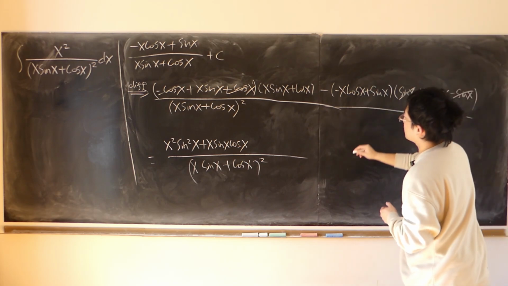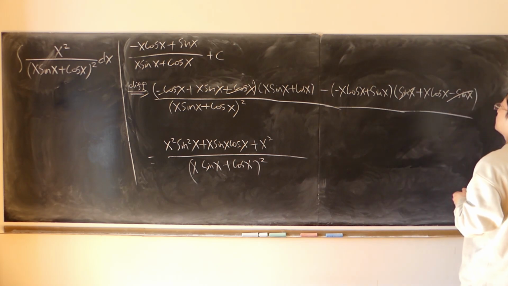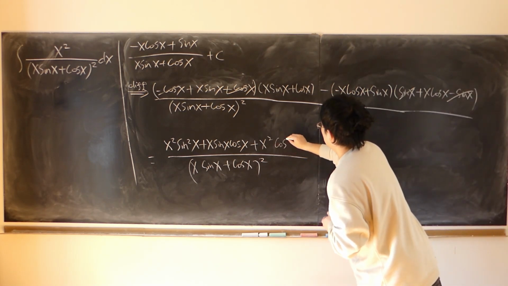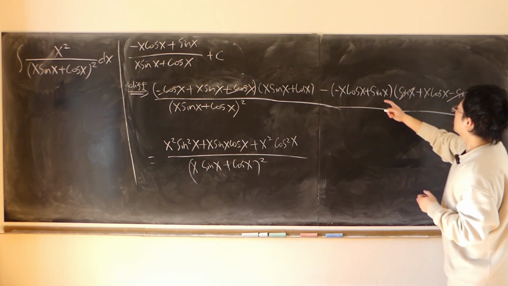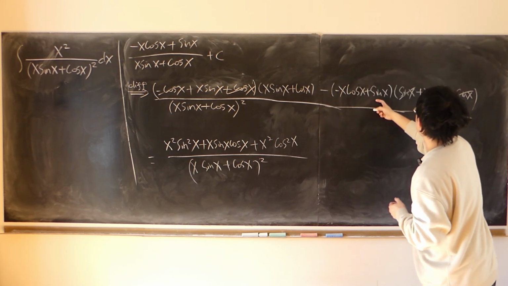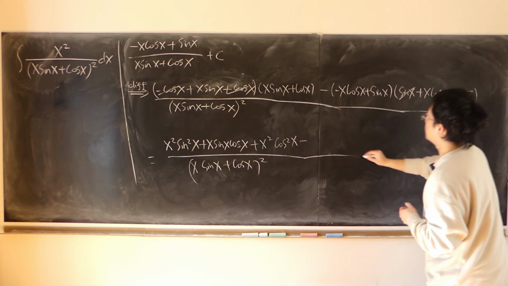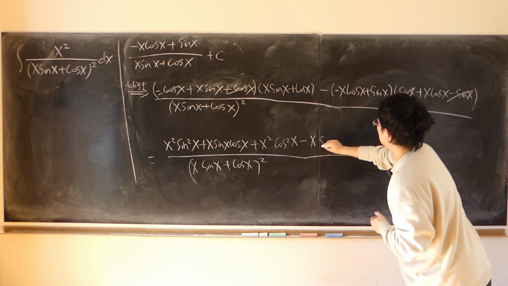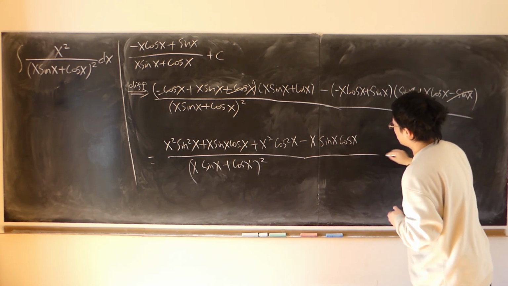This times that, positive x squared times cosine squared. There is a positive, negative, negative, this times that, negative x times sine cosine.